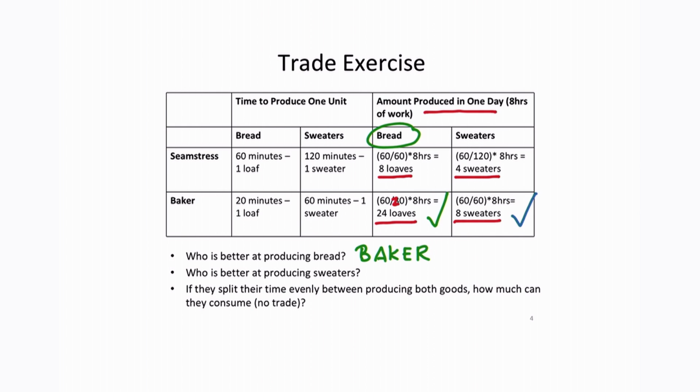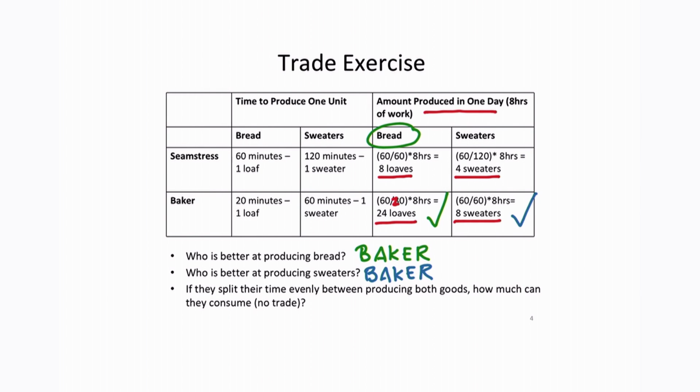So again, the baker is better at producing sweaters. Here we can say that the baker has an absolute advantage in the production of both goods. He is better in absolute terms at producing bread than the seamstress, and he's better in absolute terms at producing sweaters than the seamstress. But can they gain from trade? We will go into that.